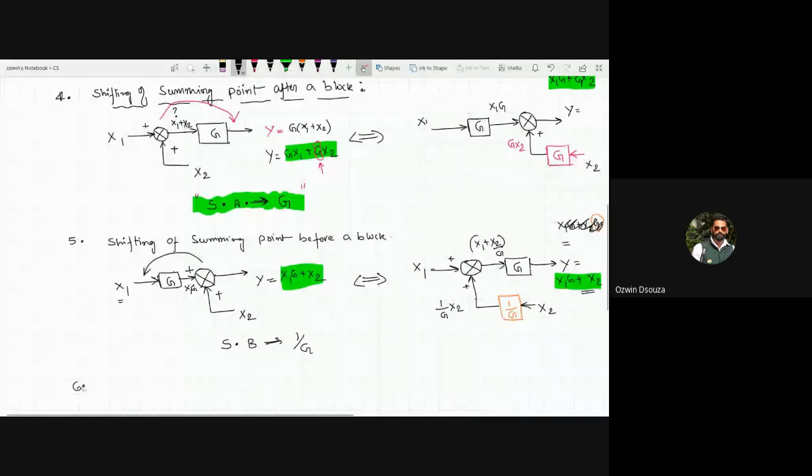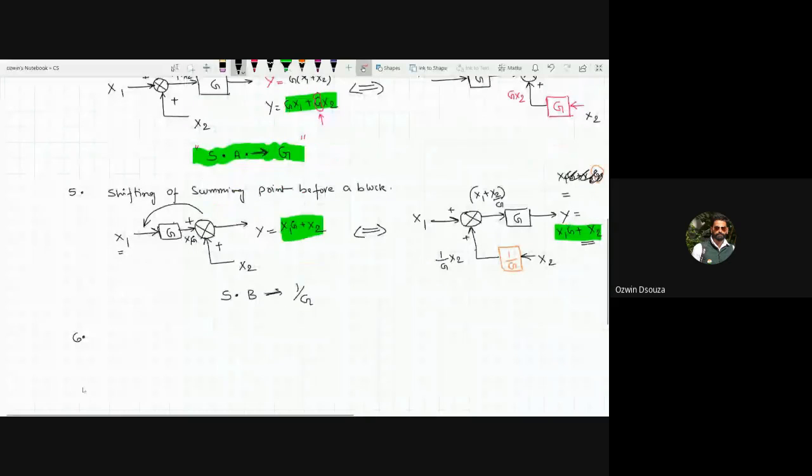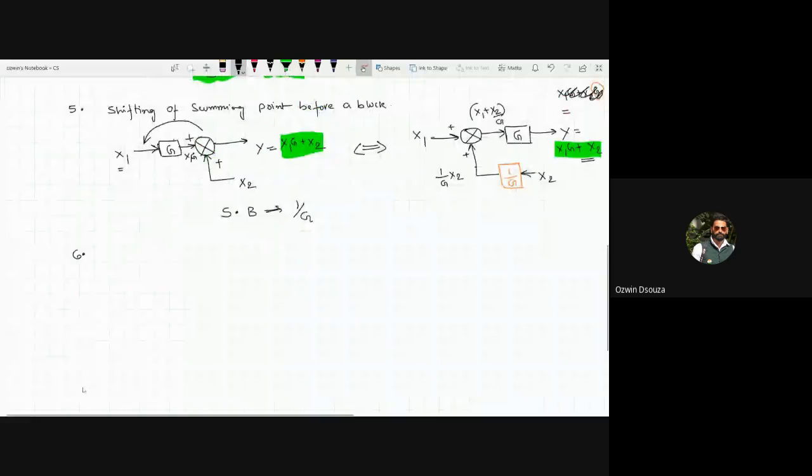Sixth rule. So far we discussed about the summing point. Okay, now let's discuss about the takeoff point. So write down moving a takeoff point or shifting a takeoff point, one and the same.